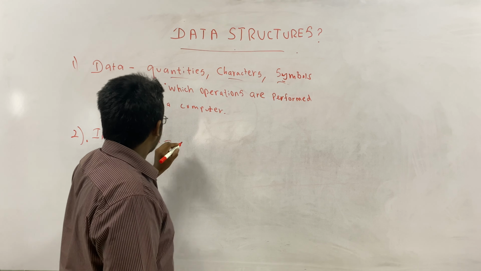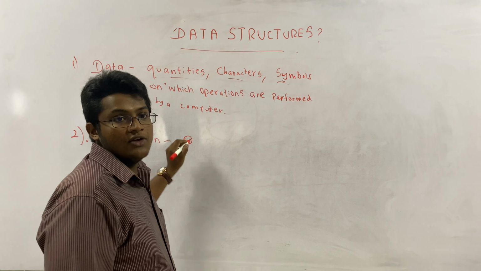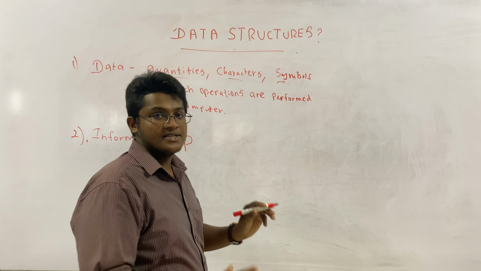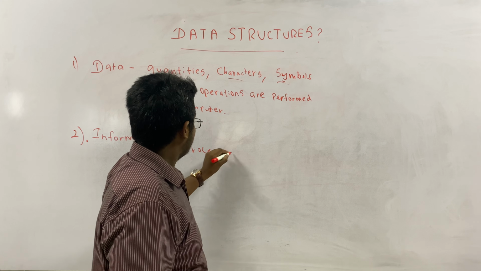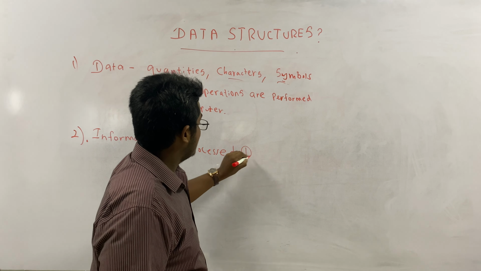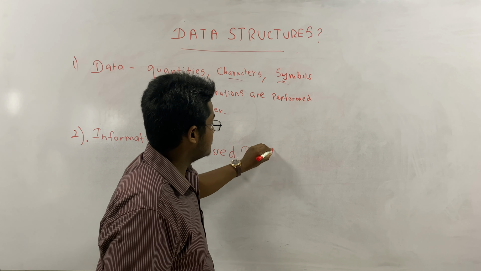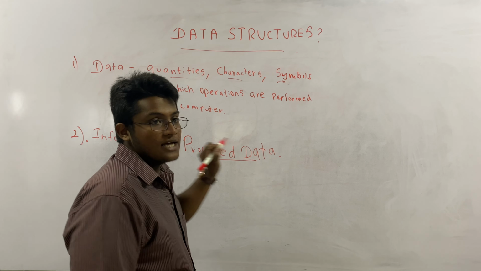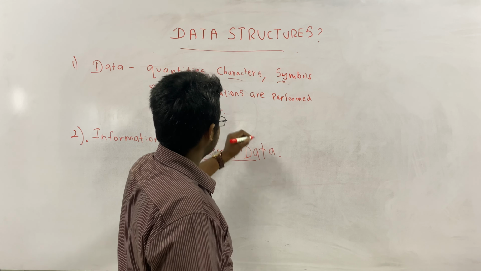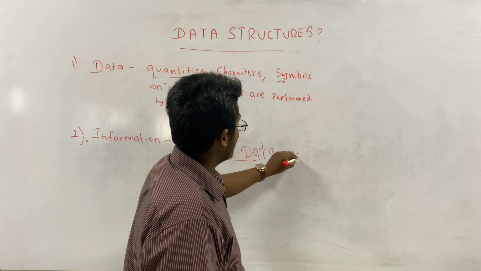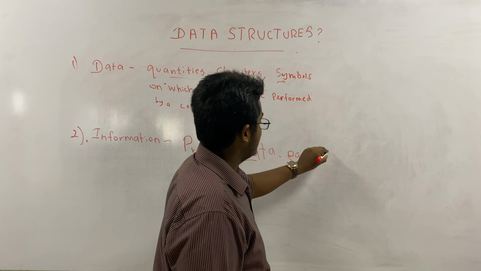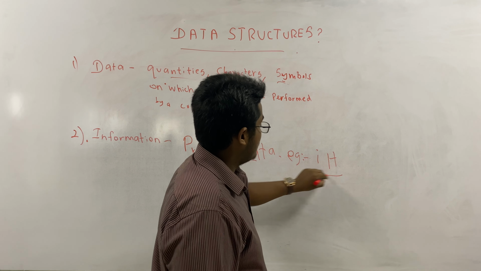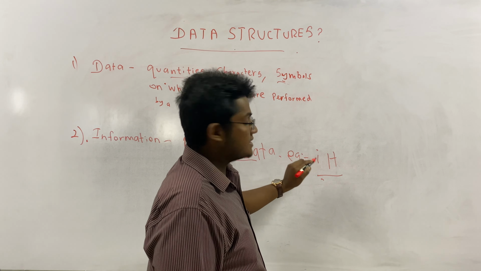Information is simply processed data. As an example, what is this? This is data.